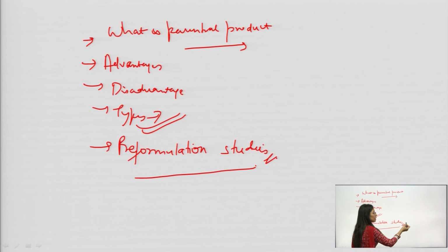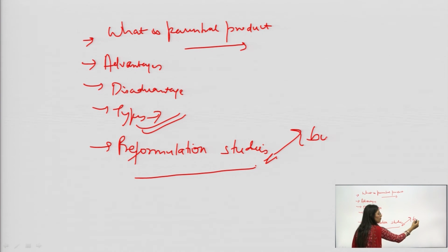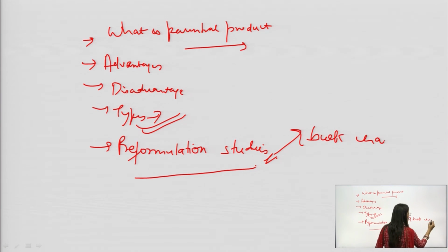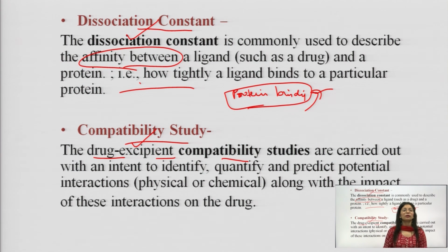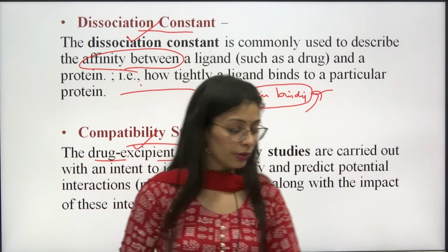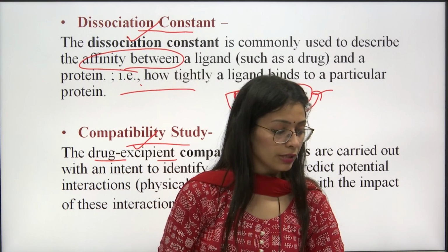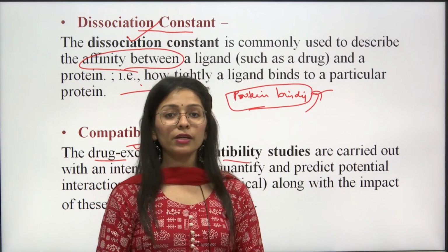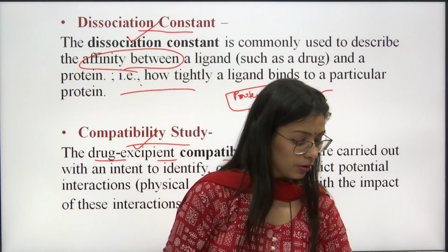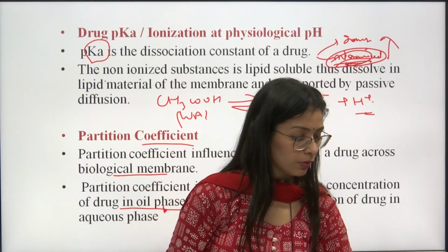Preformulation studies basically include bulk characterization, solubility, all these things that we have just discussed and many more. I hope you understand all these things. This is the basic need for understanding each and everything related to parenteral products. I hope you understand this lecture. If you have any problem, do let me know.